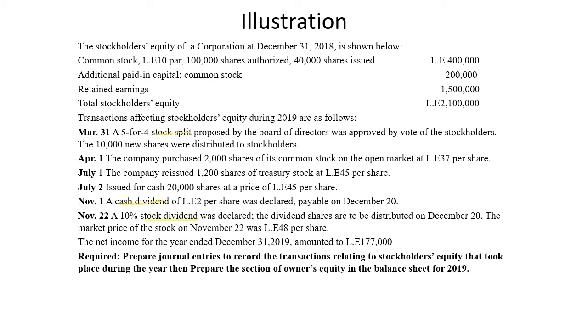You are given owner's equity at the end of year 2018 and transactions affecting owner's equity during 2019, and you are required to journalize these transactions during the year, and at the end prepare the owner's equity at the end of 2019, showing the effect of these transactions on the owner's equity.